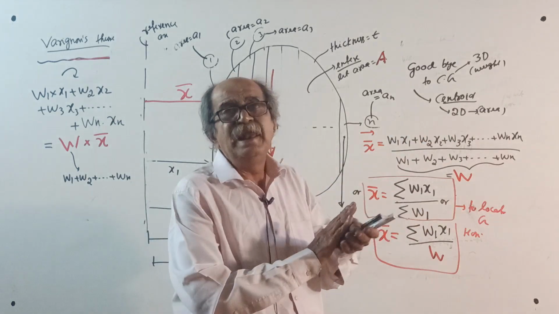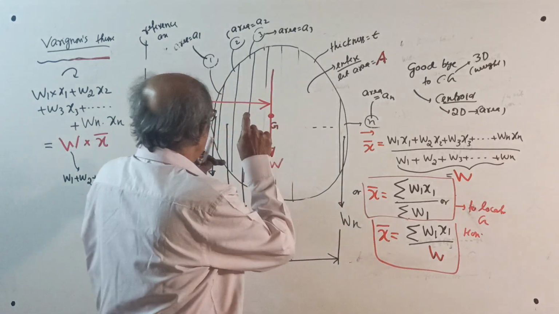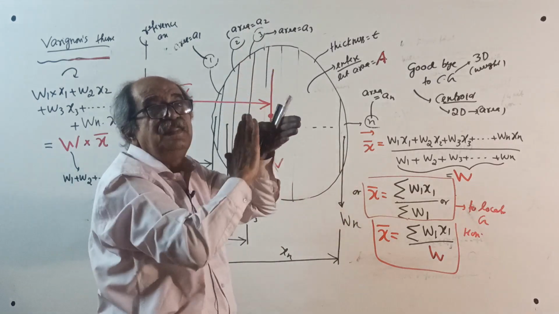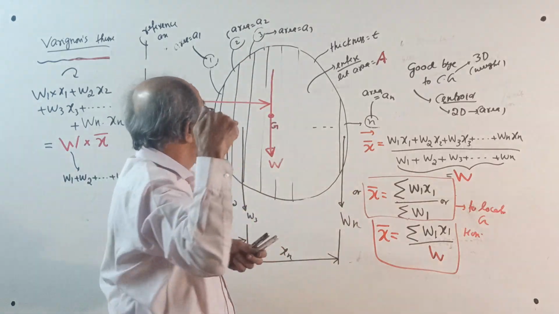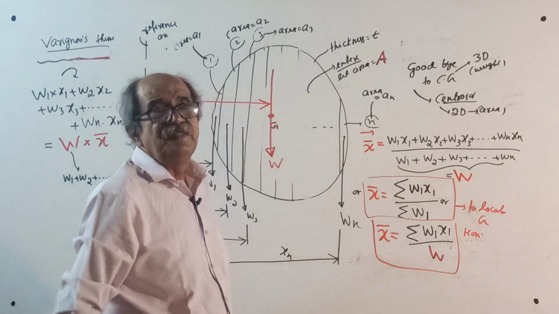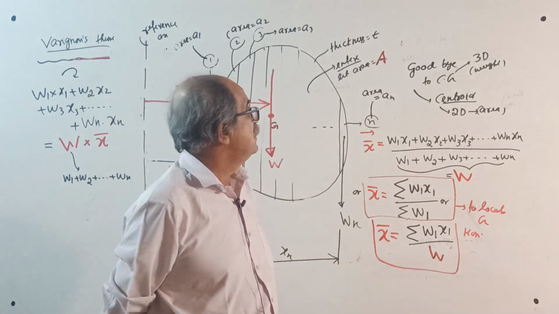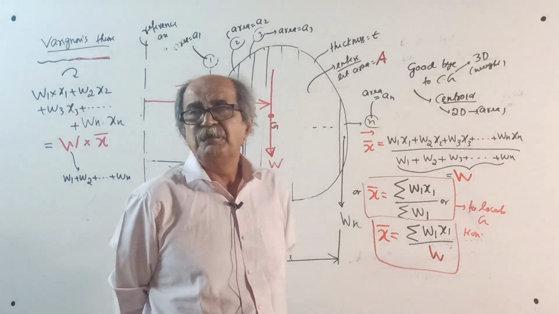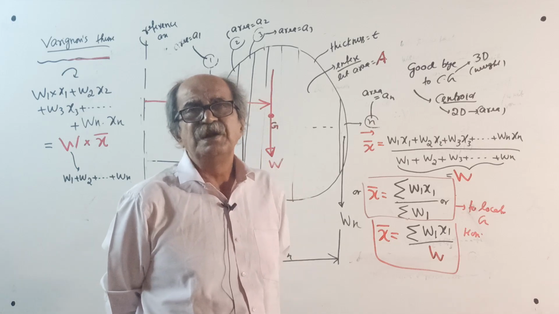When only a plain lamina is considered, the projection where the centroid lies, this distance you are not bothered about, that is called centroid. But sometimes people use the word center of gravity.